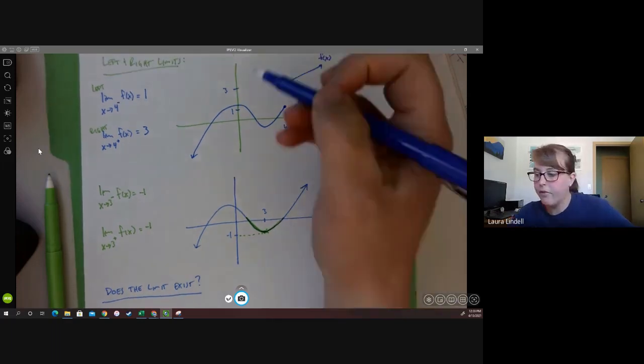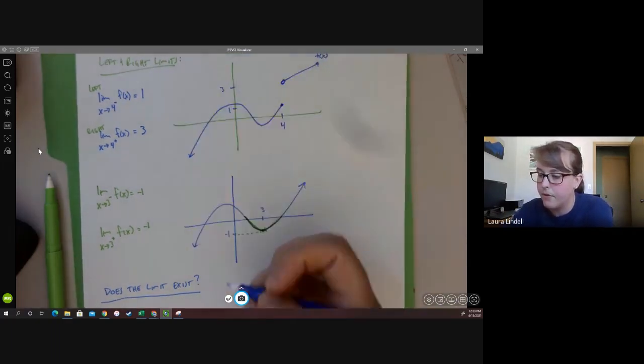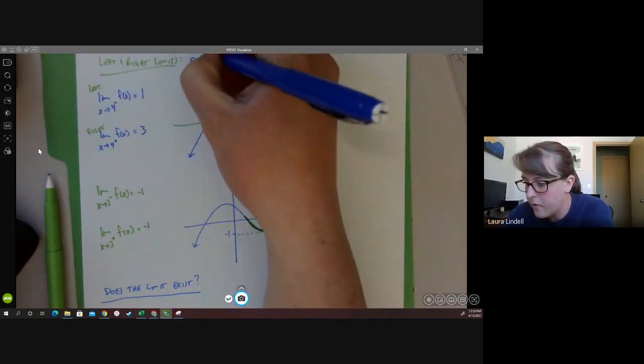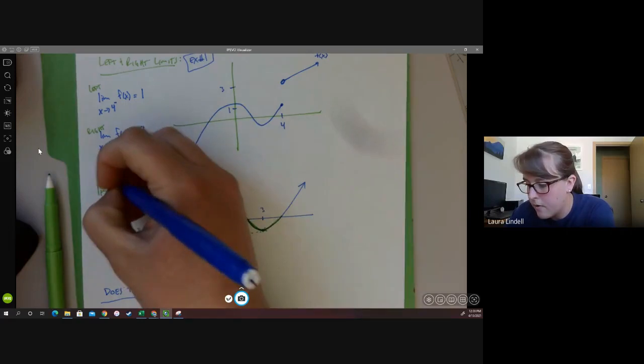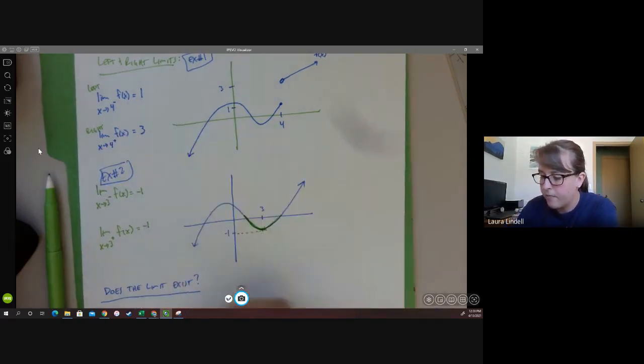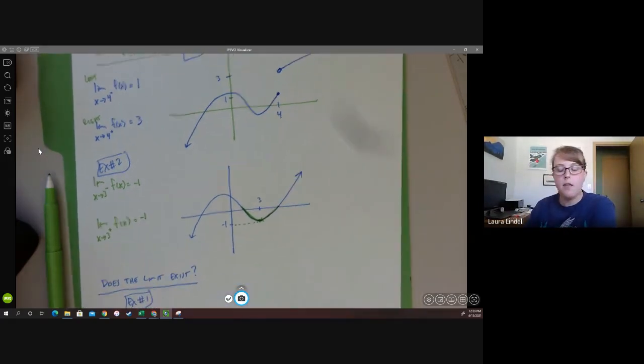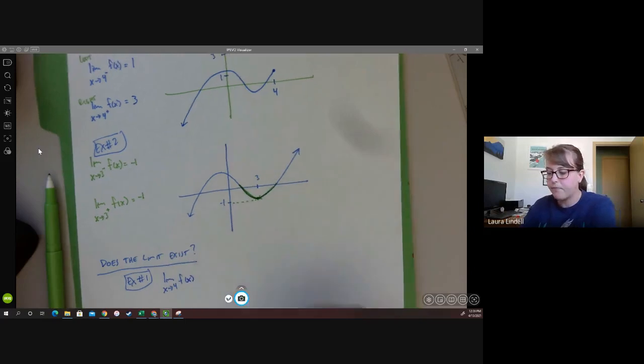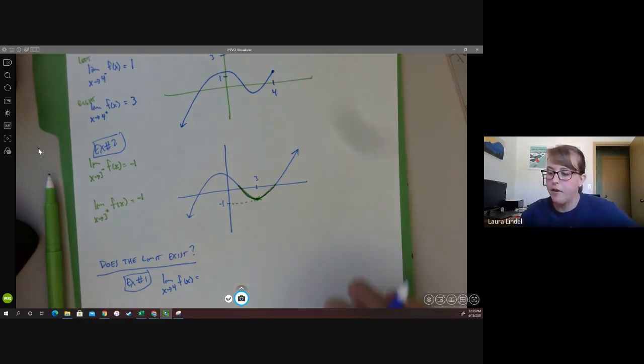So if we look at the graph from example 1, we're going to refer to that graph above again. Limit as x goes to 4 of f of x. All right.